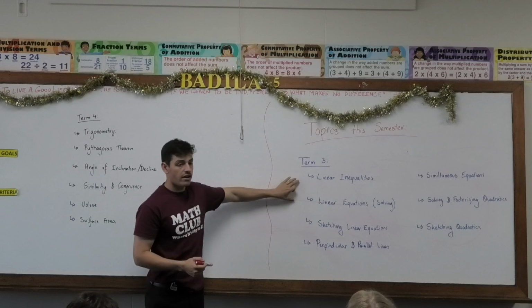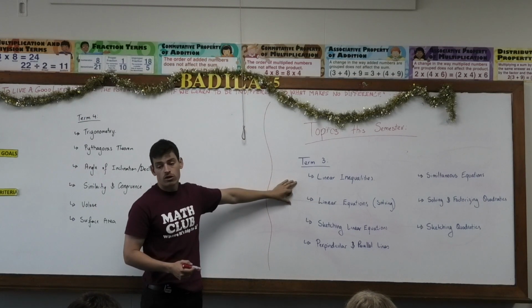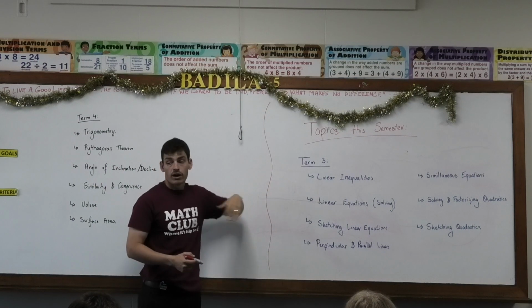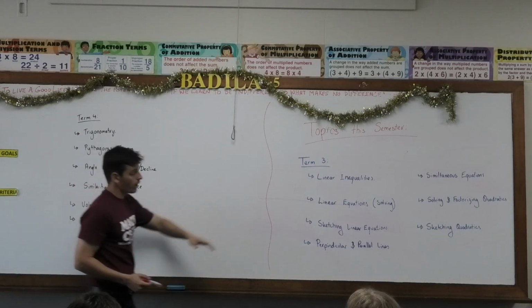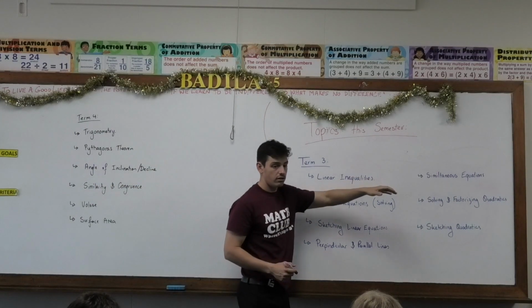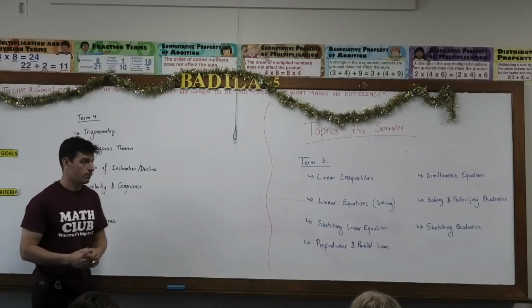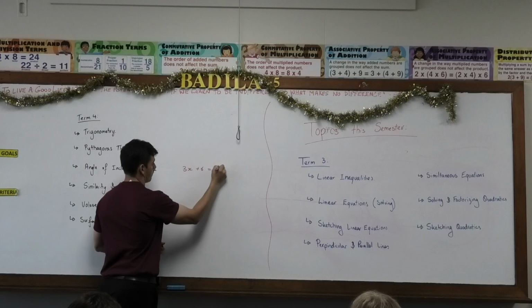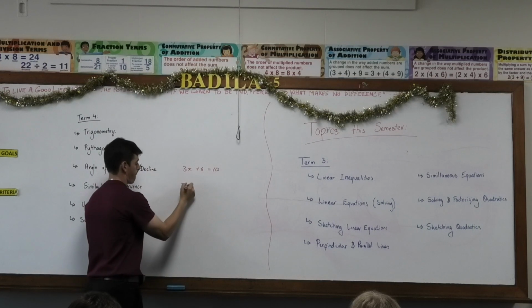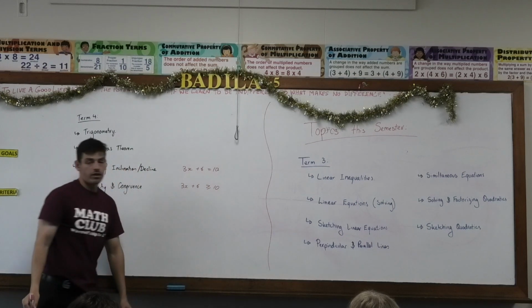In both of these scenarios, what are we trying to get? A variable or an unknown, what do we want it to be? By itself on the top. What's the difference between an equation and an inequality? One of those is an inequality.